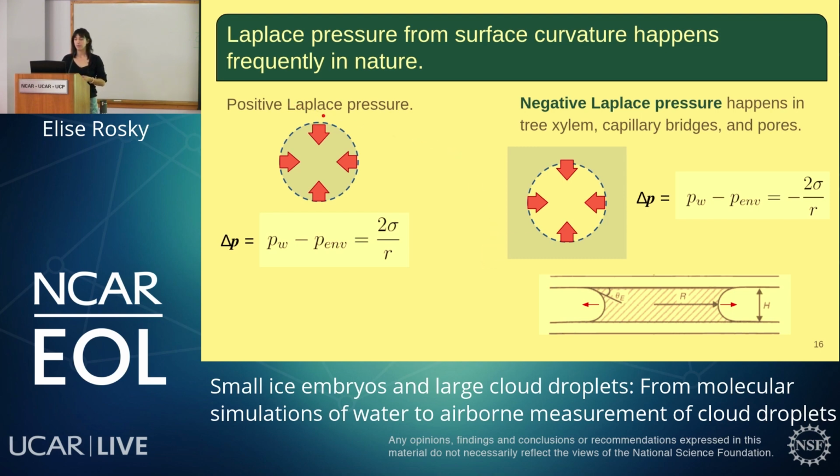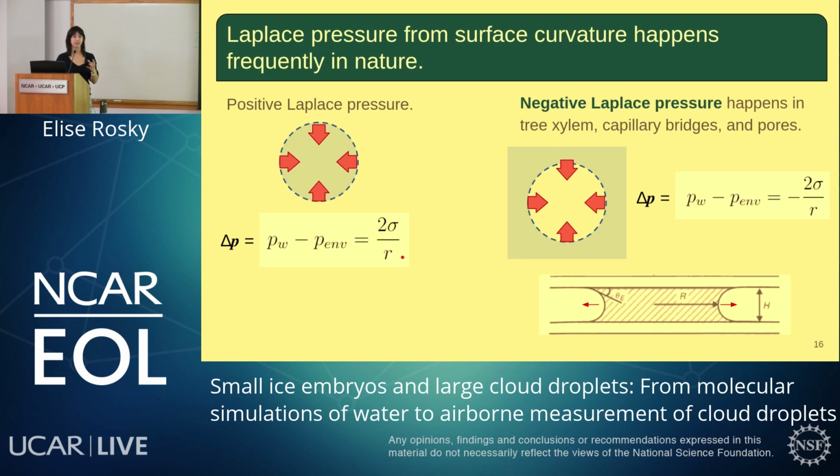So we're most familiar with positive Laplace pressure if you have a really small water droplet. This is responsible for the Kelvin effect, for example, where a really small droplet has a higher vapor pressure and evaporates more easily. So this is the equation for the Laplace pressure in a droplet with a radius of curvature r, and sigma is the surface tension of water.